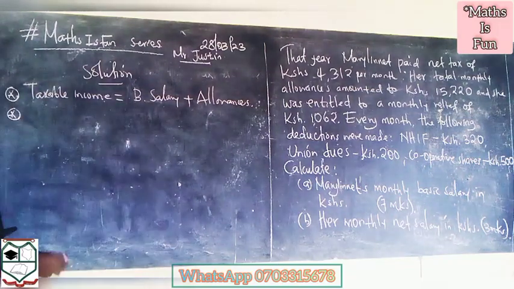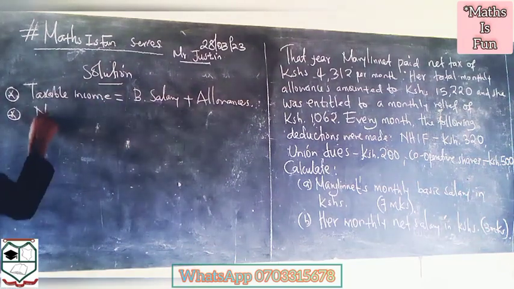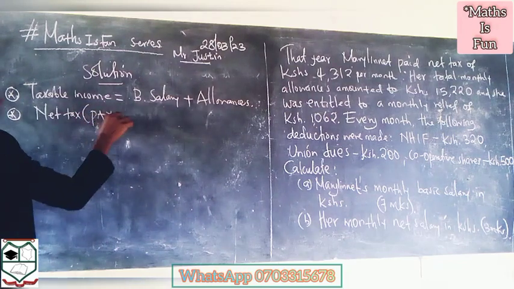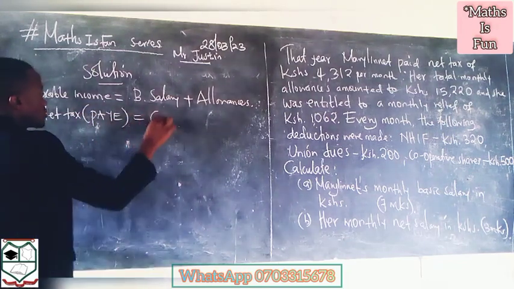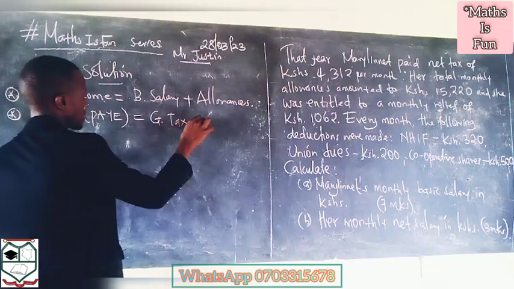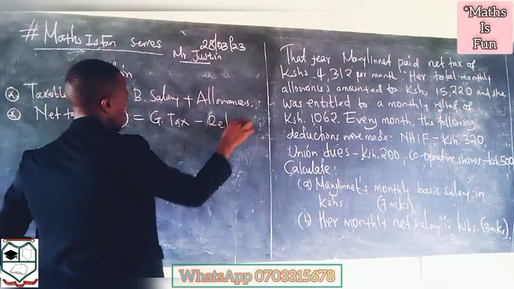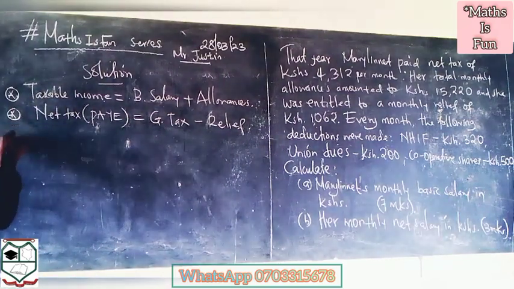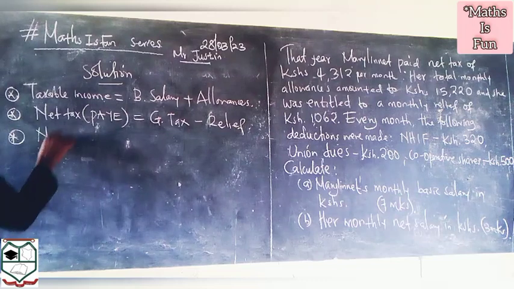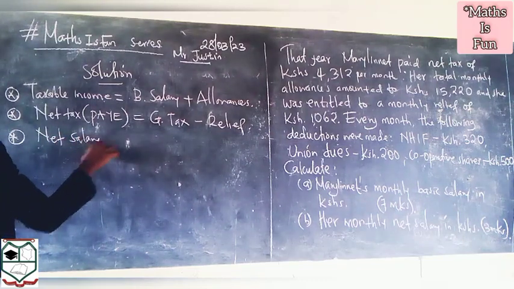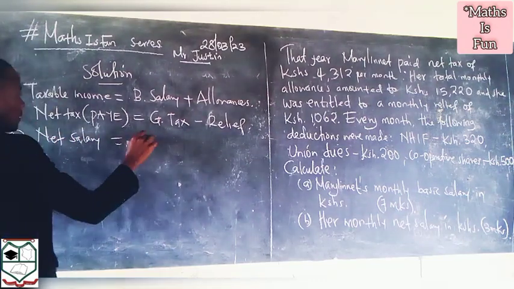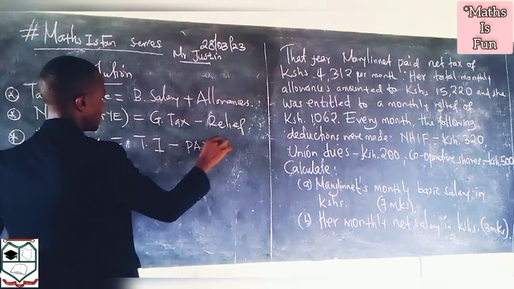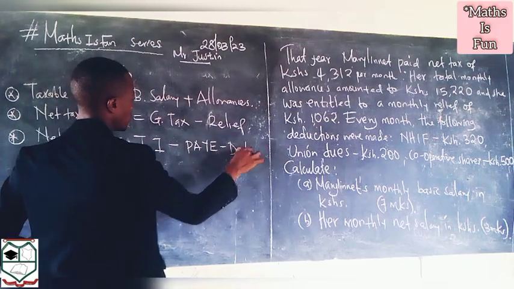The other formula is that net tax, that is the pay, is equal to gross tax minus relief. The net salary is equal to taxable income minus the pay, minus the deductions.